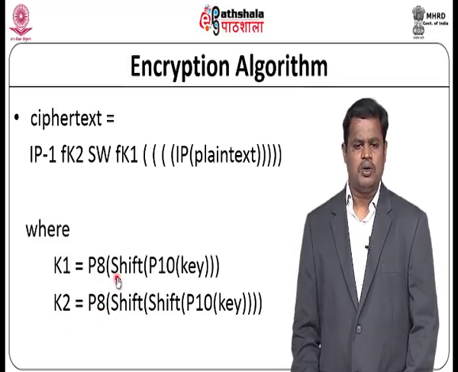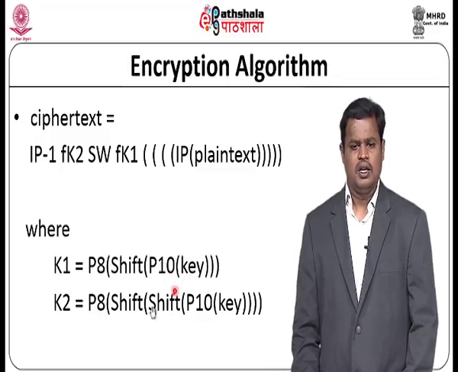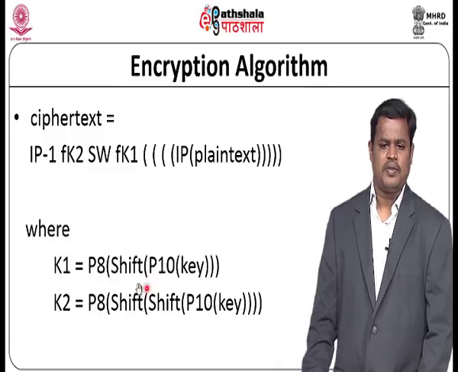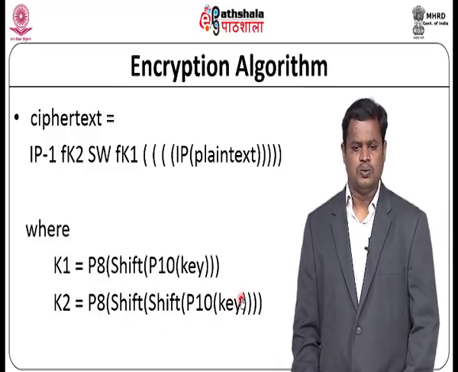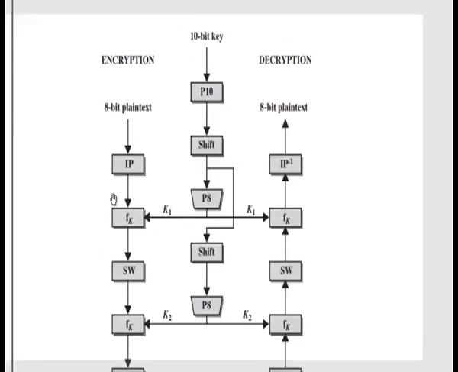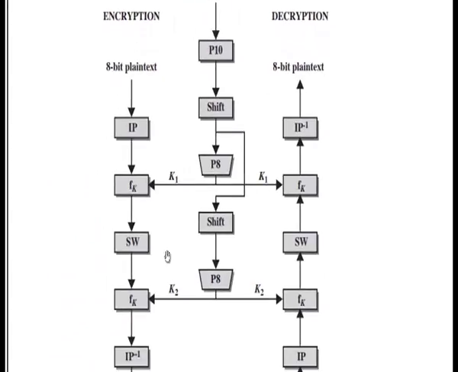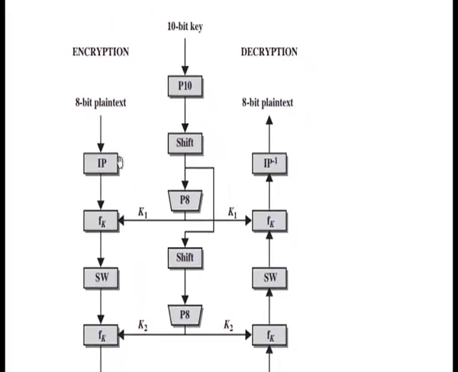We can also note that here it is shift of P10 of the key, and we have 2 left shifts, which is the resulting key K2 for round 2. So, this is the overall structure of encryption and decryption. We have an 8-bit plain text for the encryption process, and a 10-bit key for the key generation process as an input key from the user.